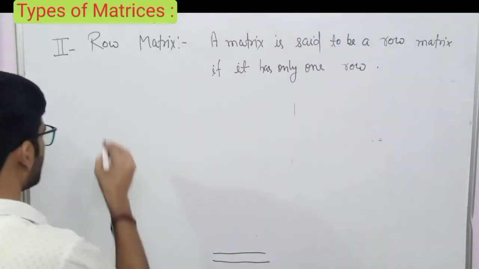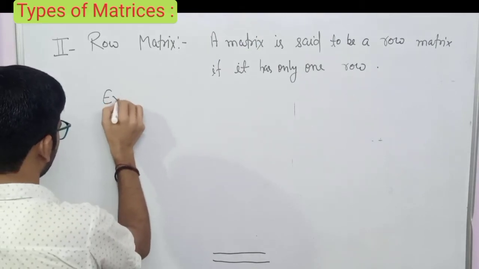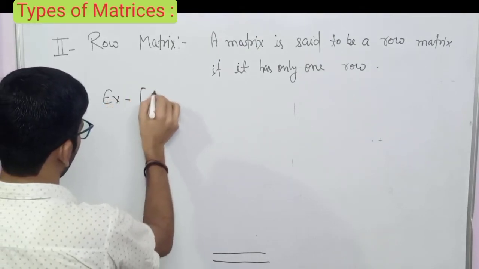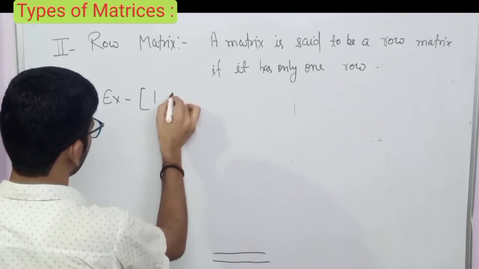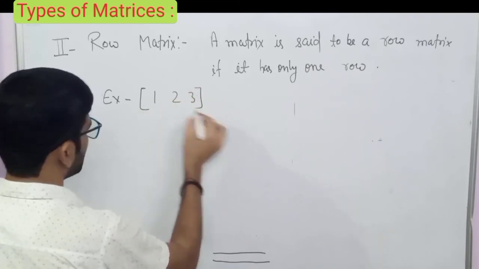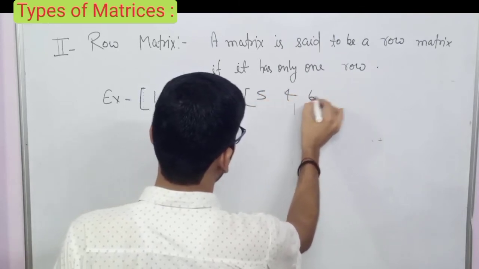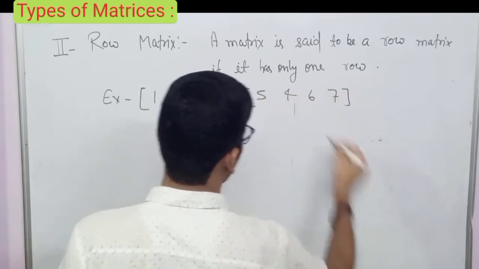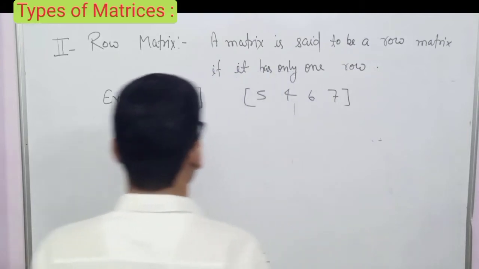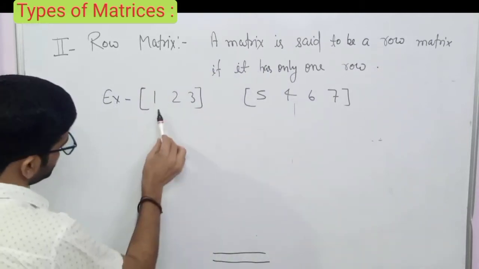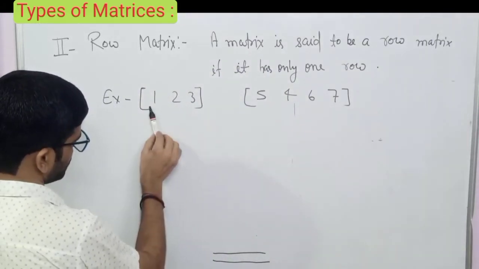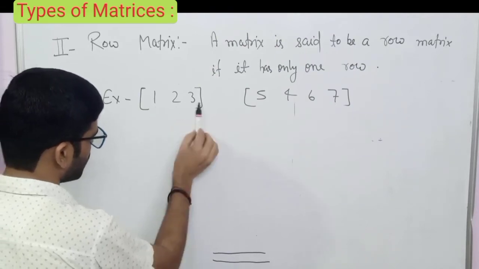Okay, and you can write examples: 1 2 3, another is 5 4 6 7. What is the order of this matrix? How many rows? Only one.